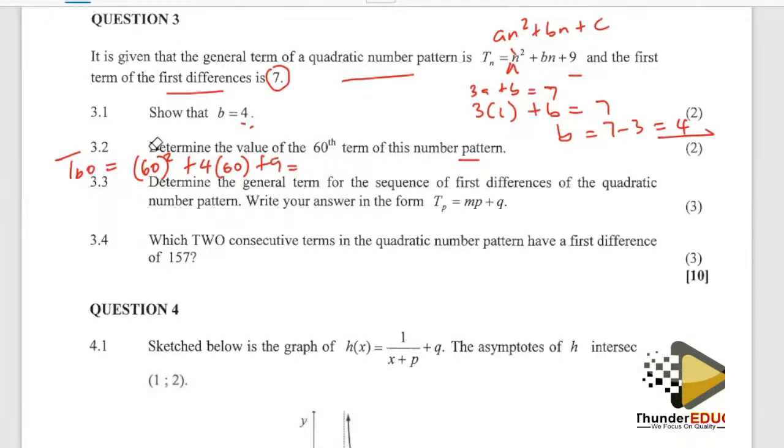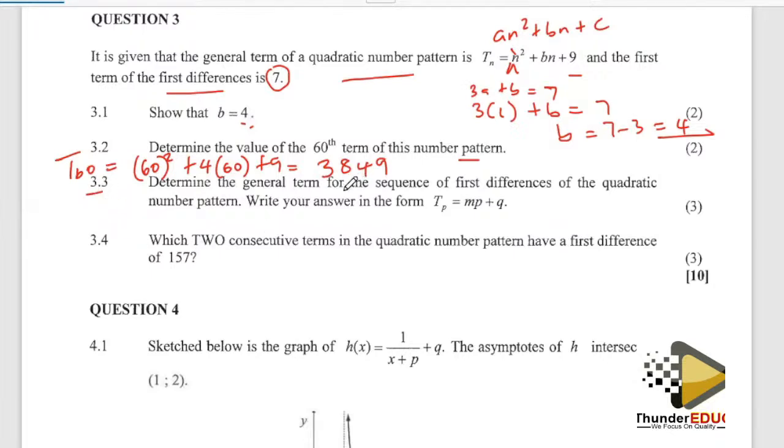So I punch that into my calculator, 60 squared plus 4 times 60 plus 9. It's a very big number. I'm getting 3849.